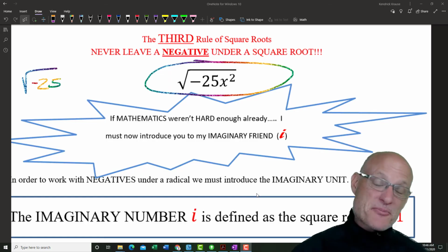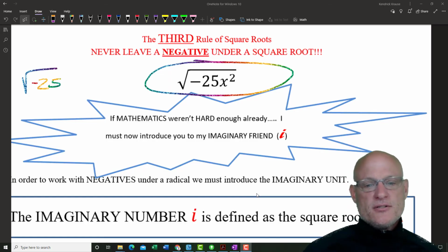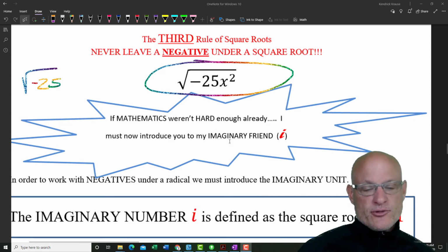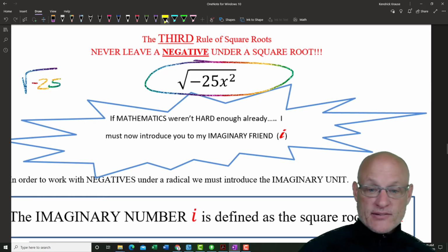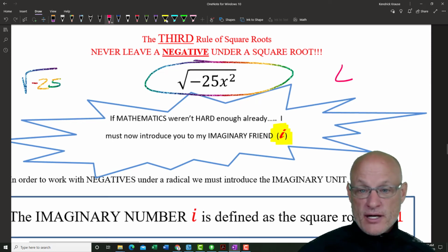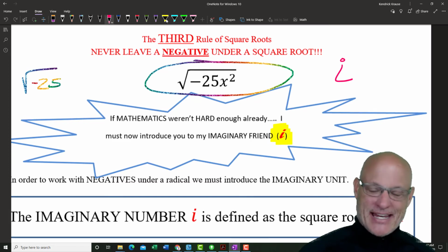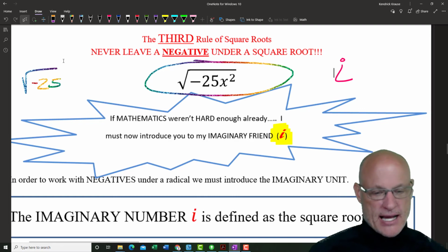So, if mathematics wasn't hard enough, we are now going to introduce you to an imaginary number called i. Yes, i. When you write i for me, I want you to write it like this. Little bubble, little i. Make sure you understand it's i, the imaginary number i.